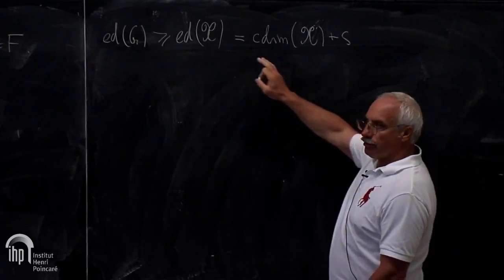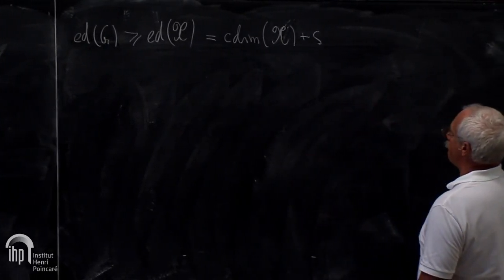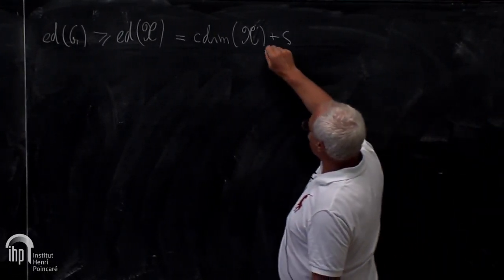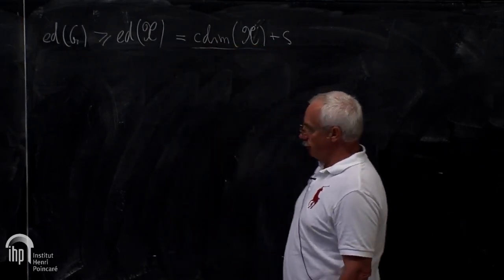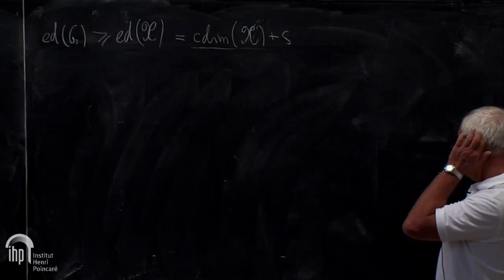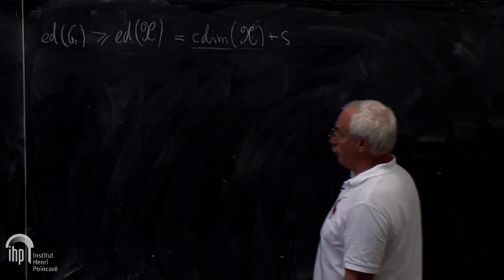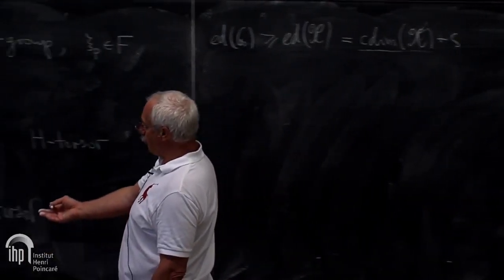And you use valuation theory to prove this equality. Now, the canonical dimension of X depends only on the class of fields for which the set of points is not empty.